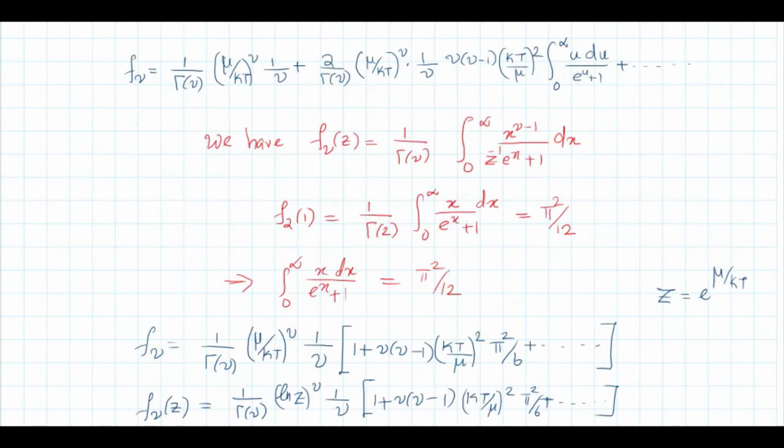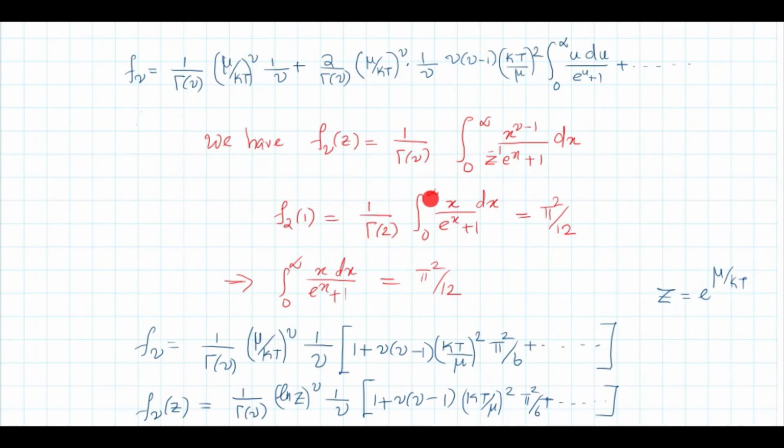Now we know that f_ν(z) is equal to 1 by Γ(ν) integral 0 to infinity x raised to ν−1 divided by (z⁻¹ e^x + 1) dx. This is the definition of the Fermi-Dirac function. If you put ν equal to 2 and z equal to 1, you will get 1 by Γ(2). Γ(2) is actually 1.